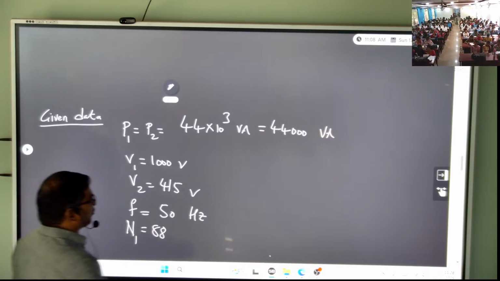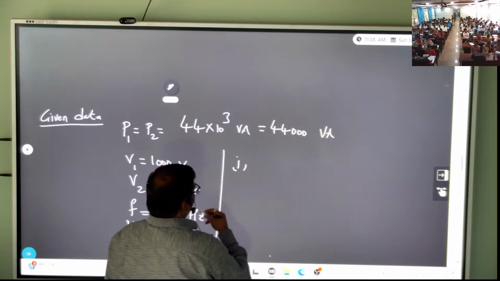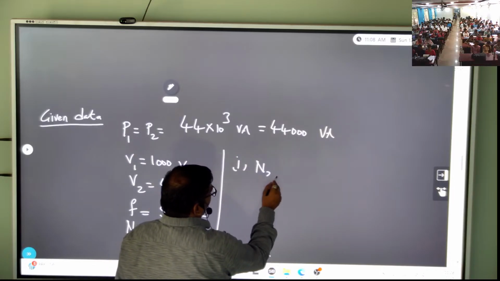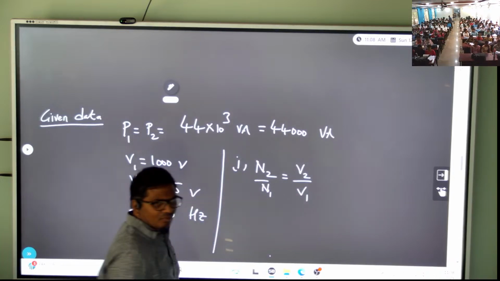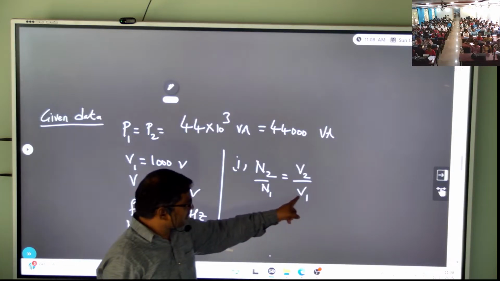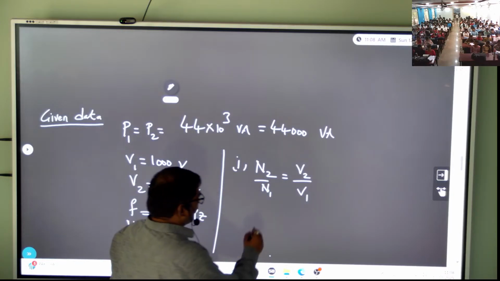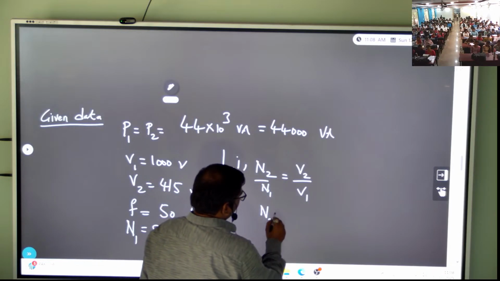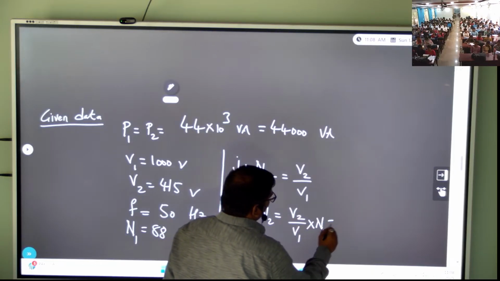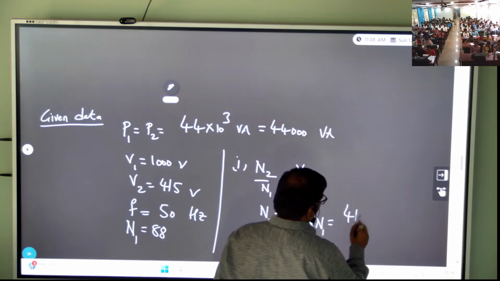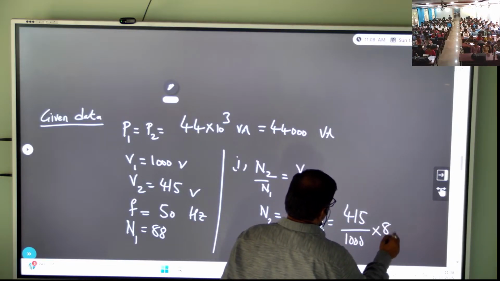From this, what do we have to find out? First one, N2 by N1 is equal to V2 by V1. You know V1, you know V2, you know N1, substitute in the formula. So N2 is equal to V2 by V1 into N1, that is equal to 415 by 1000 into 88.